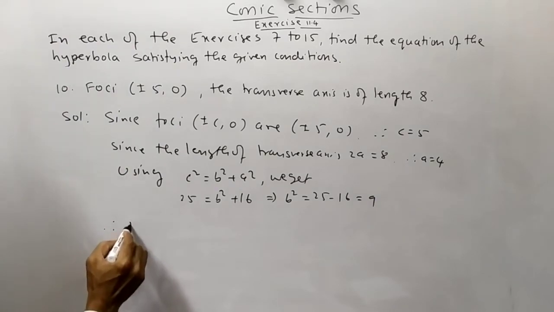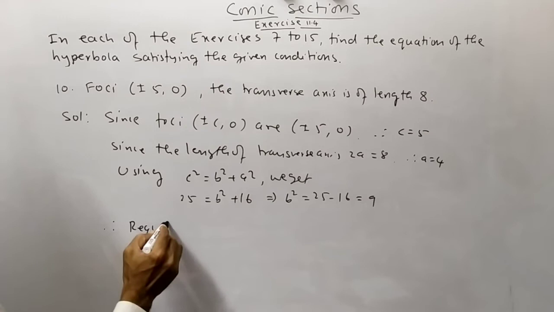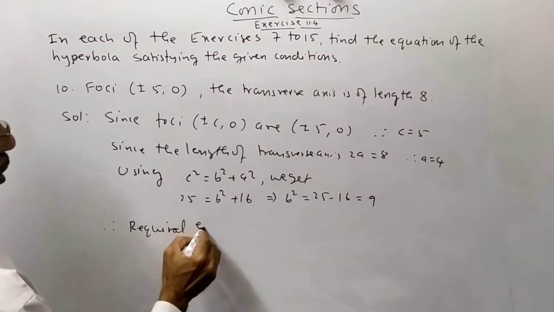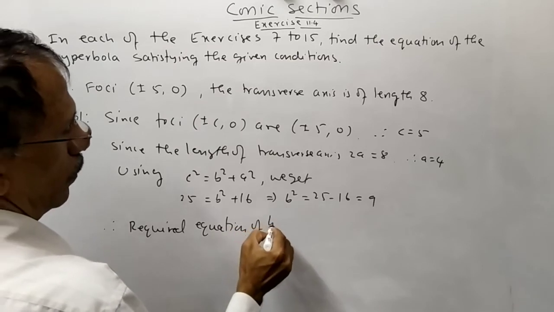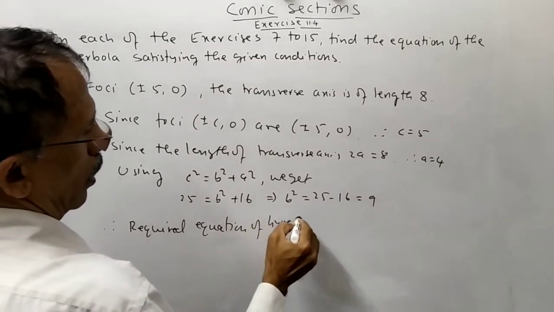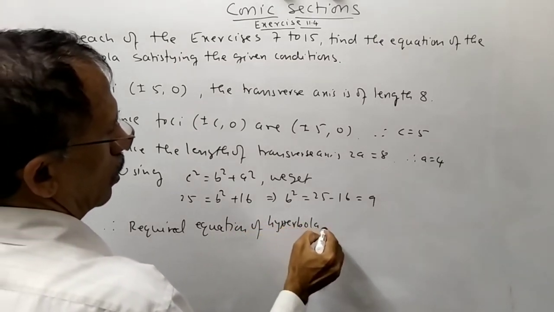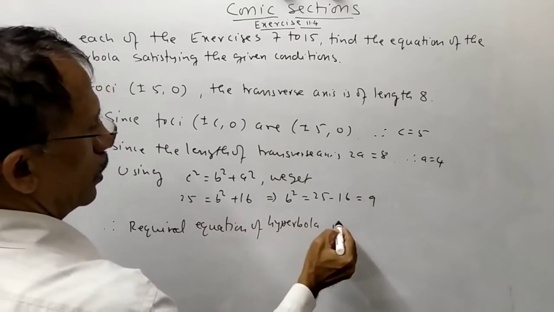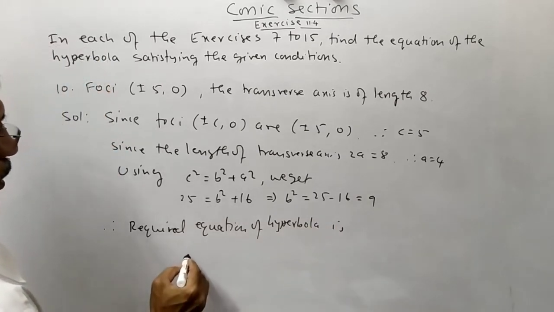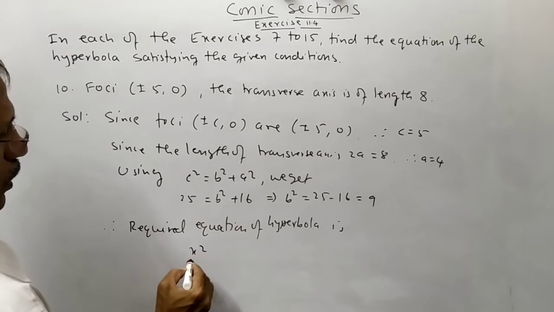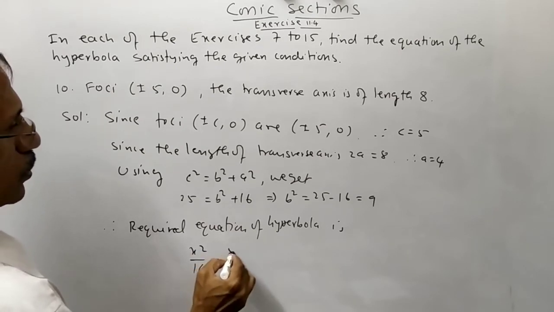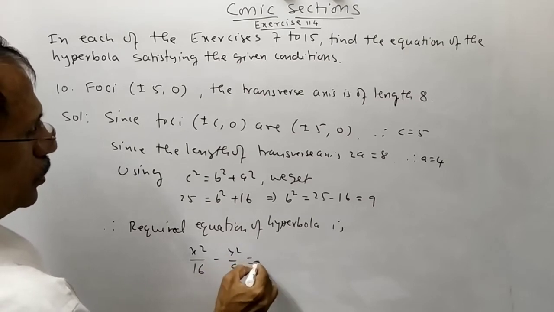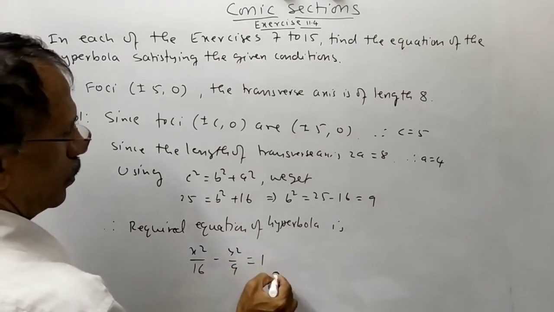Therefore, required equation of hyperbola is x square divided by 16 minus y square divided by 9 is equal to 1.